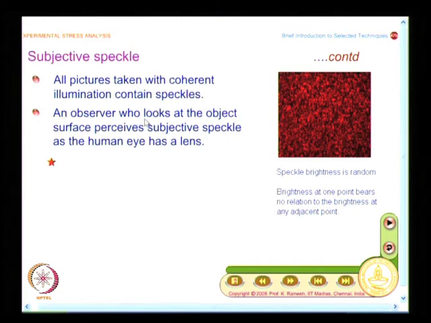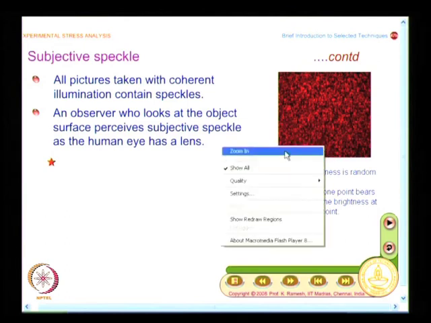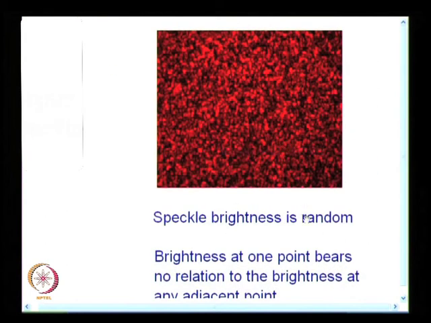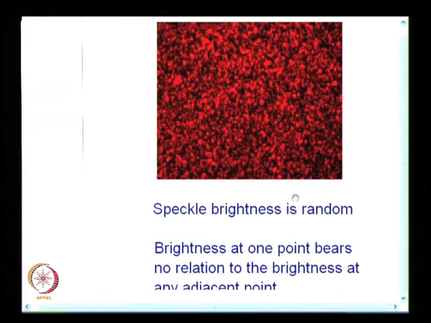An observer who looks at the object surface perceives subjective speckle, with the human eye as a lens. This is what I also mentioned earlier, and you have this speckle, and speckle brightness is random, and what you find is brightness at one point bears no relation to the brightness at any adjacent point.